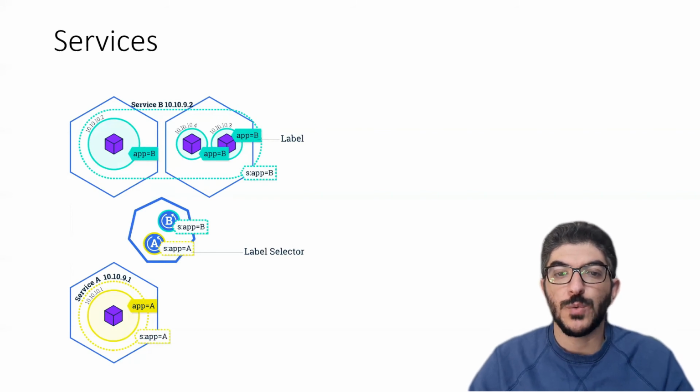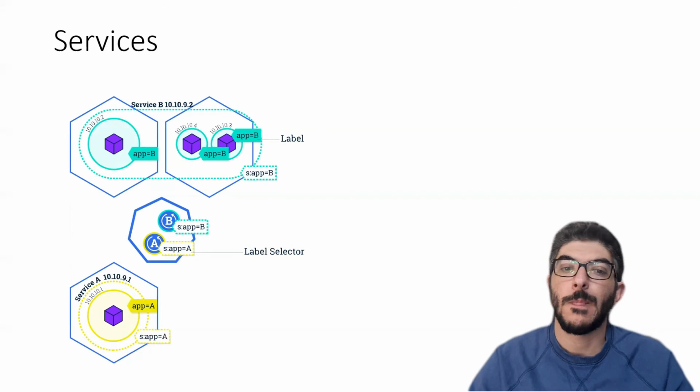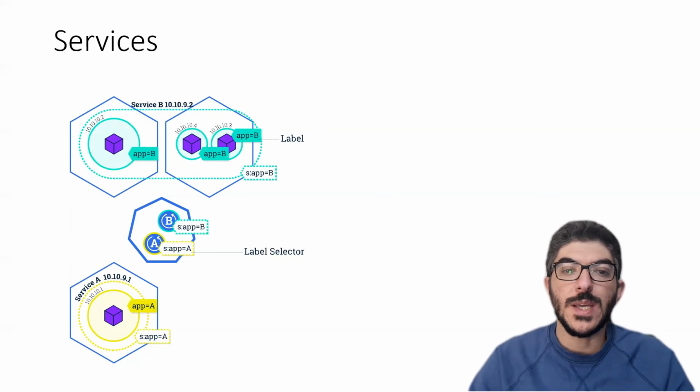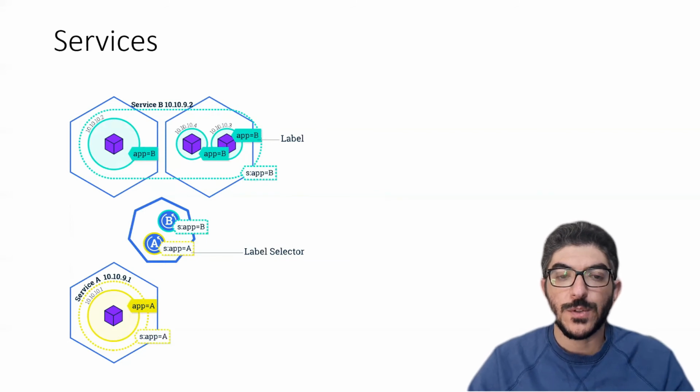So in this example, we used app equal B. And in the other application, we used app equal A. So when I create service B, I'll tell Kubernetes service B needs to route to any pod that has the label app equals B. This is called label selector. So I create pods with labels, and I create a service and give it a label selector that will select any pod that has a specific label.